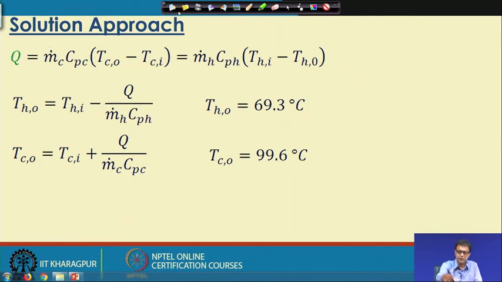Depending on the configuration or operational parameters of the heat exchanger, we may have to adapt different techniques for solving different kinds of problems. It may be a design problem to find the heat exchanger surface area or the details of the tube or fin configuration, though we have not encountered the fin.